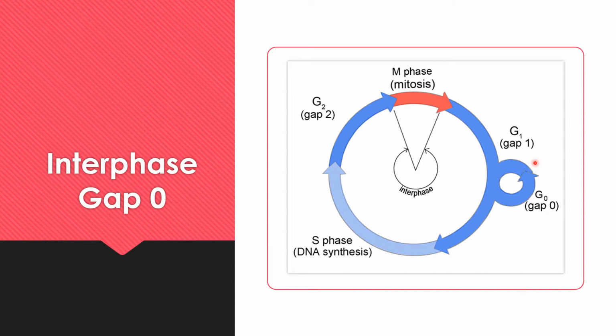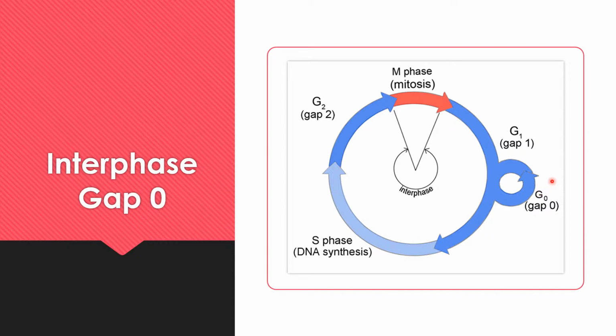So gap 0, or G0, is where the cell began in G1, but it doesn't finish all the way through G1. It kind of gets stopped here at a checkpoint, and it doesn't make that checkpoint, so it continues to cycle in G1.